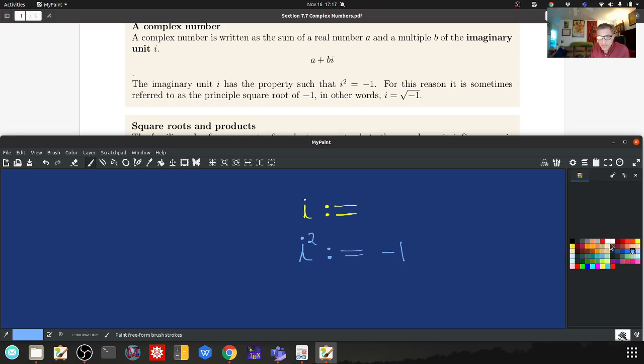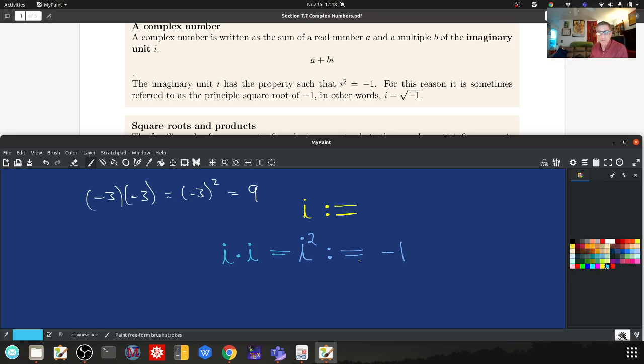If I start out with a negative number, like minus 3 times minus 3, which is minus 3 squared, I always end up with a positive number, always. So whatever this i is right here, when I multiply it by itself, and just so you're clear, i squared means i times itself, I end up with a negative number.